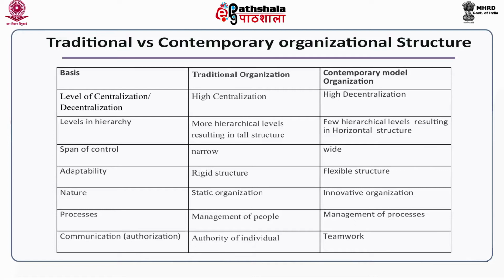Span of control in traditional organizations is narrow, whereas in contemporary organizations it is wide. Adaptability: in traditional organizations, the structure is rigid, whereas contemporary organizations have a flexible structure.